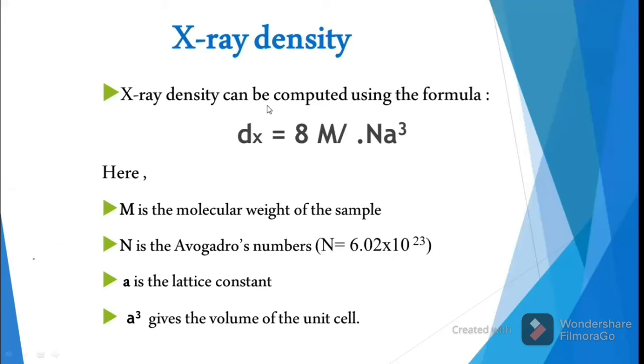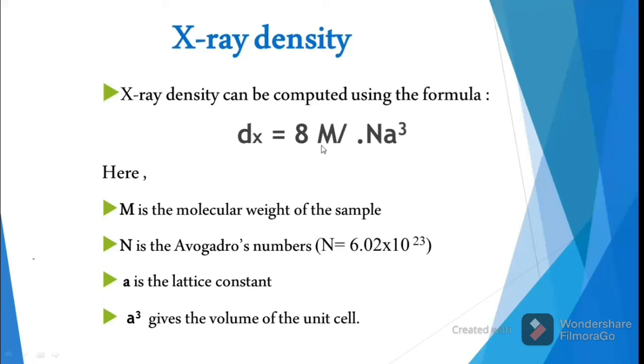X-ray density can be computed using the following formula: dx, indicated by the X-ray density, is equal to 8M divided by N a cube. Now what is M? M is the molecular weight of your sample.